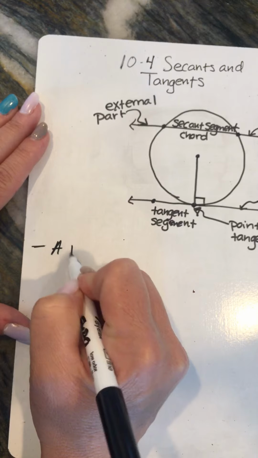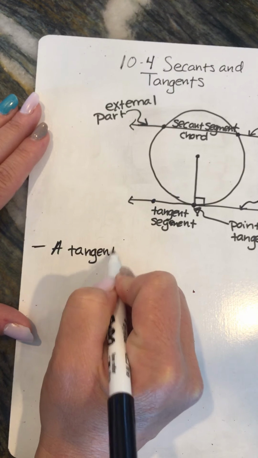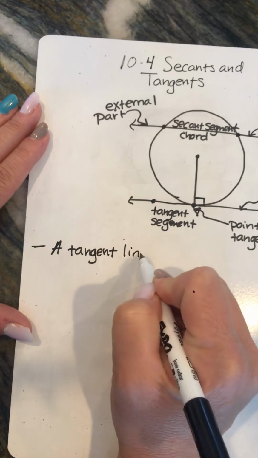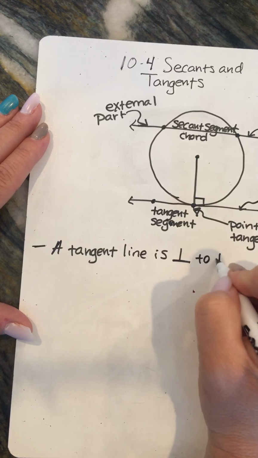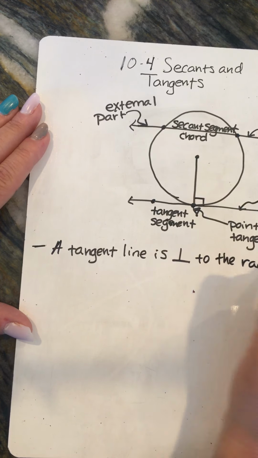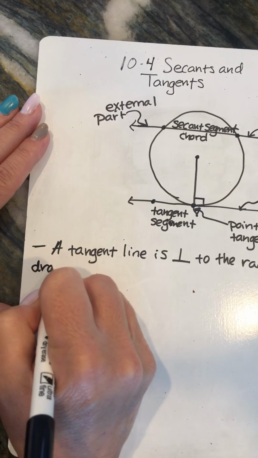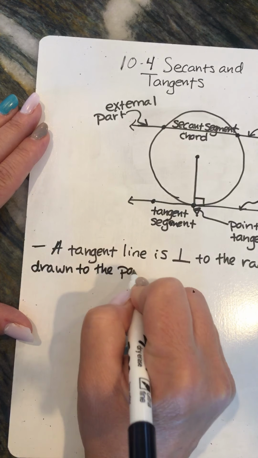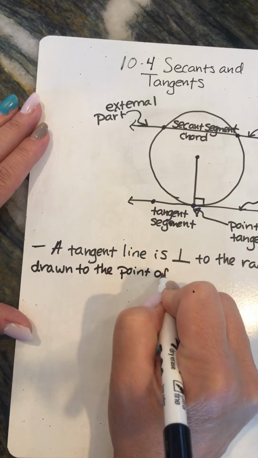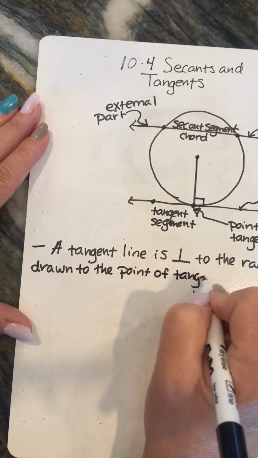A tangent line is perpendicular to the radius drawn to the point of tangency.